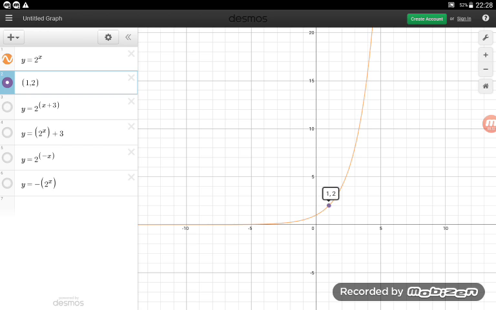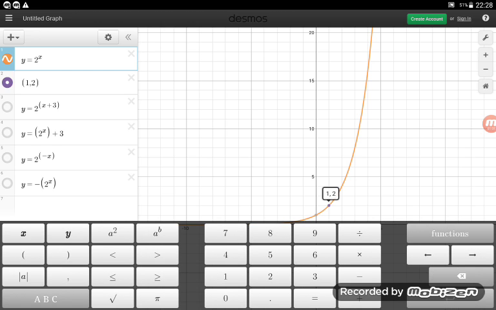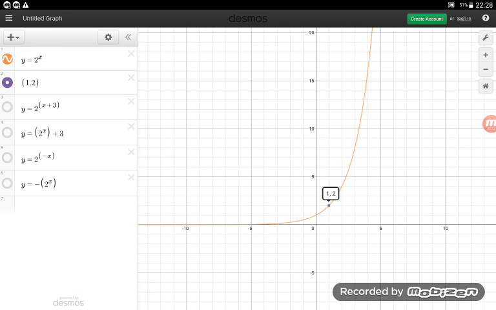Right now, on the screen that you see, we have an orange curve, and that is my y is equal to 2^x. Now, if my x is equal to 1, and I put that in my y is equal to 2^x, then my y value will be 2. So this point (1, 2) is on my orange graph.